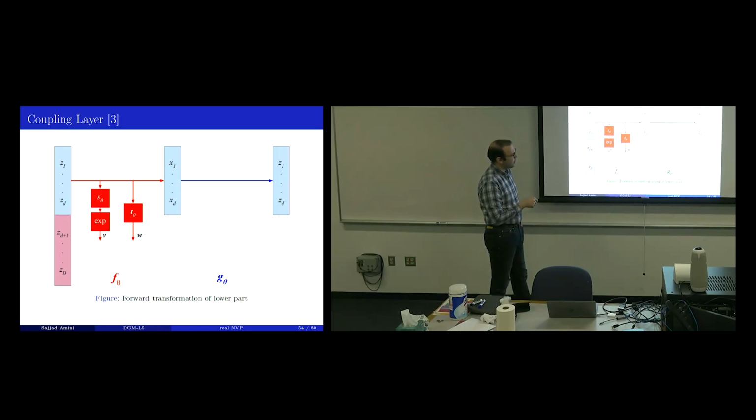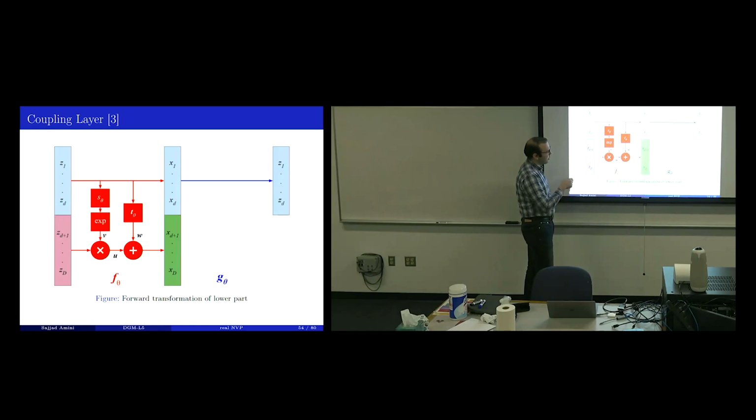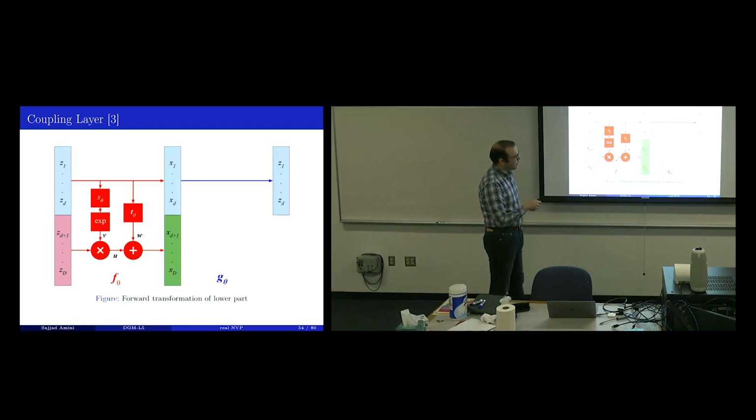It means that the dimension is uppercase D minus lowercase d. So it can be multiplied by your data, and then again a similar vector with the same dimension is added to the result, and then you generate the second part.